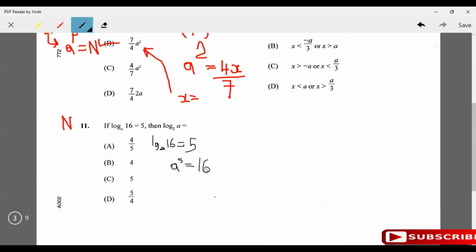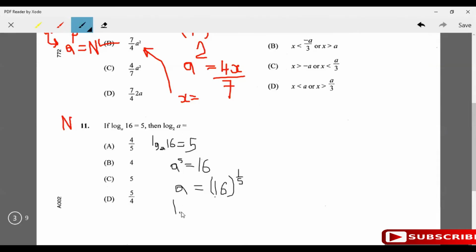If a to the fifth is equal to 16, then what they're also telling us is that a is equal to 16 to the 1/5 power, right? Agree with that? Well, if you take the fifth root on both sides. Very good. So now we can find log to base 2 of a.